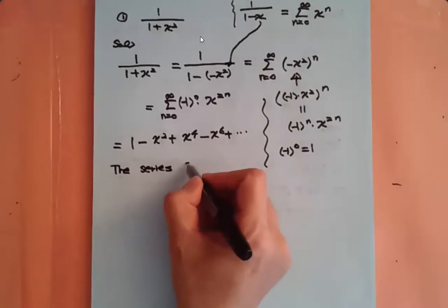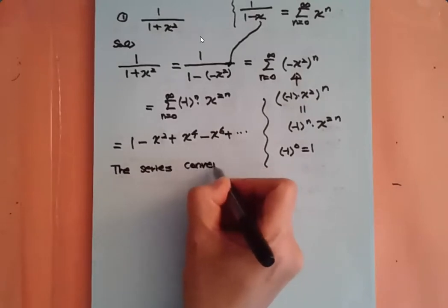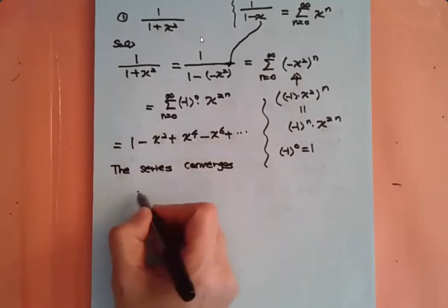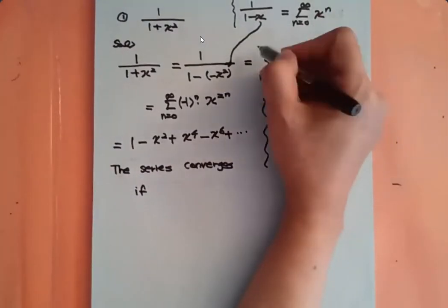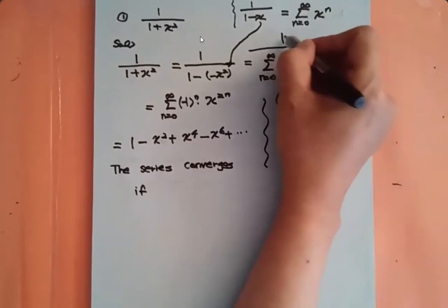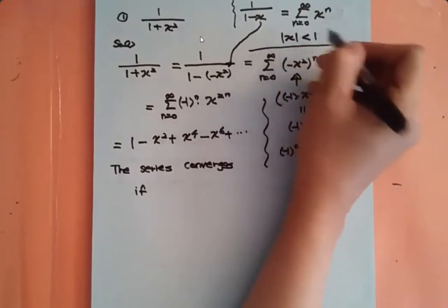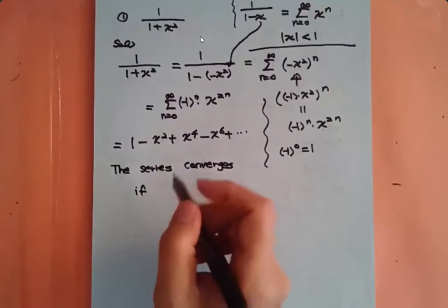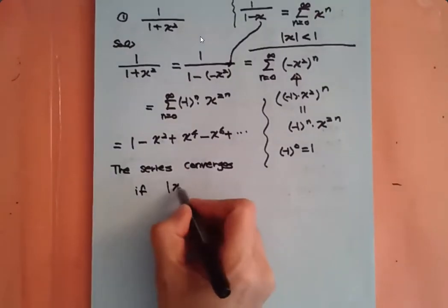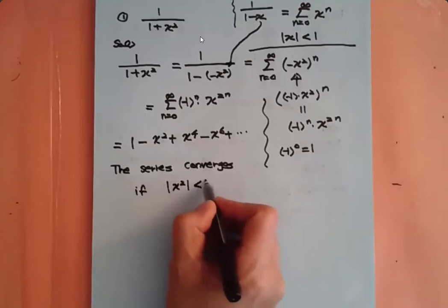The series converges if we know that this expansion looks like this only if the absolute value of x is less than 1. So the series converges if the absolute value of x squared is less than 1.